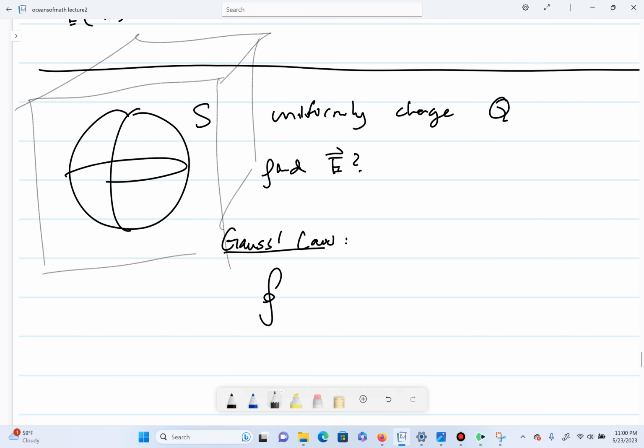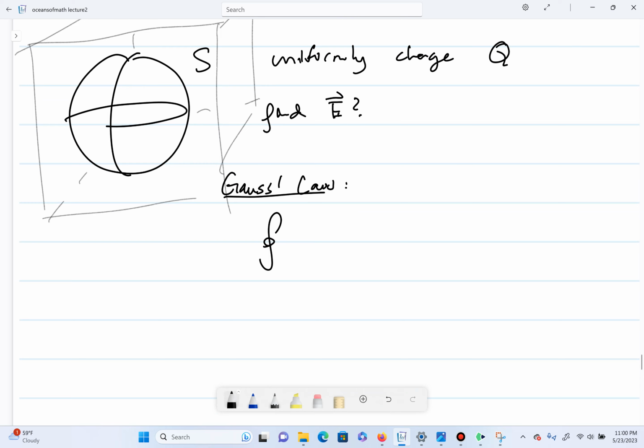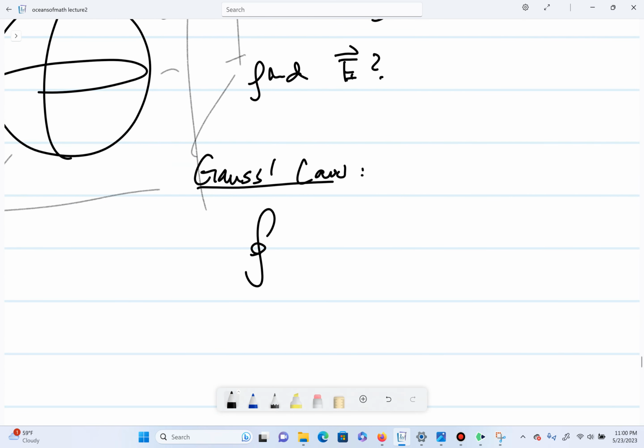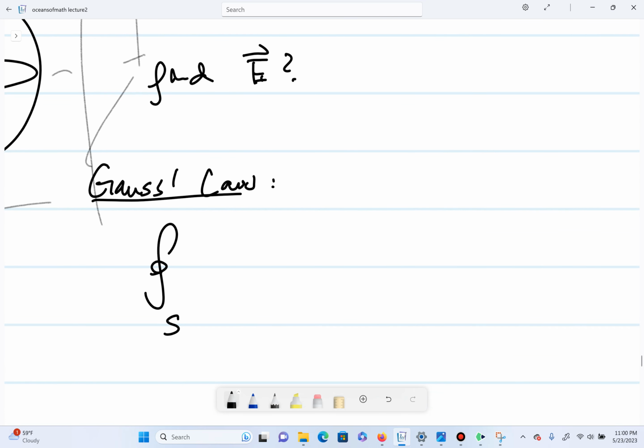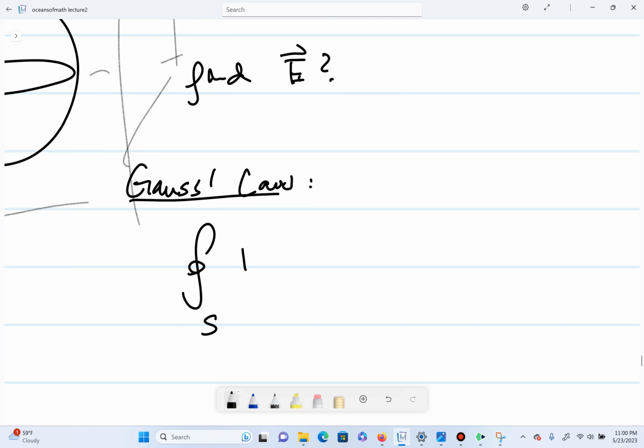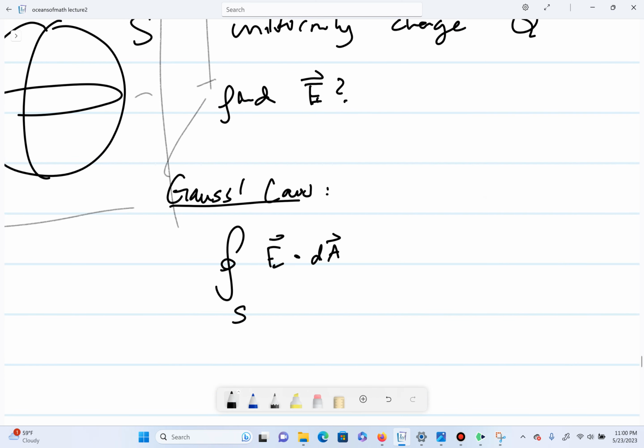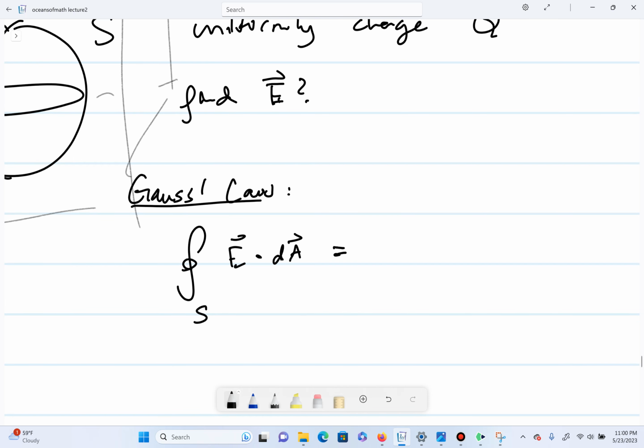Now that would be a terrible choice, but let's say I went ahead and did that. Then the surface integral over this box, or any closed surface, the crucial point is that the surface is closed, of E dot dA, I'll explain what that means later, is equal to the net charge enclosed divided by epsilon naught.